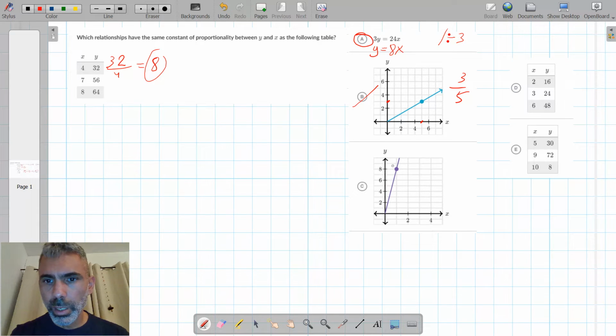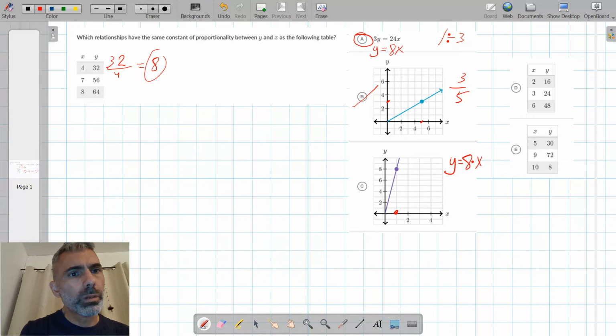C, y is 8, x is 1, so this is also good, because y equals 8 times x. So C is good.